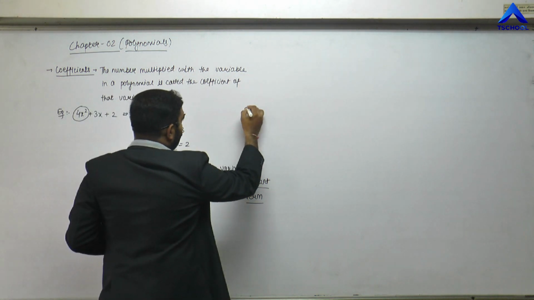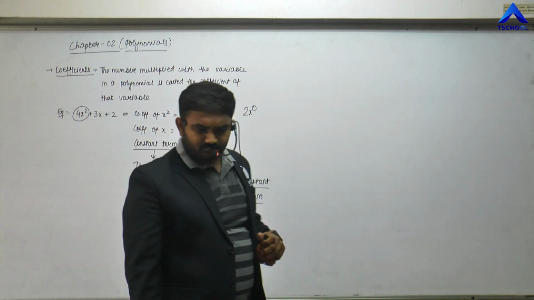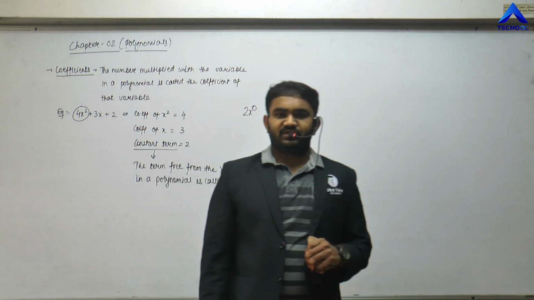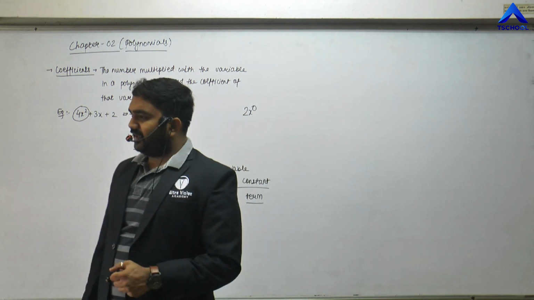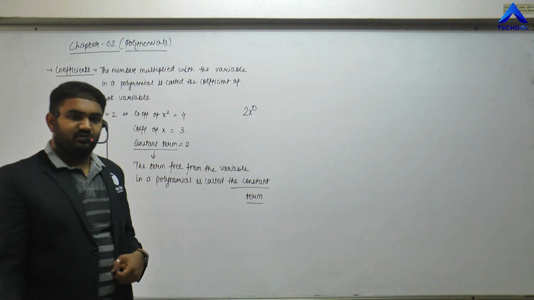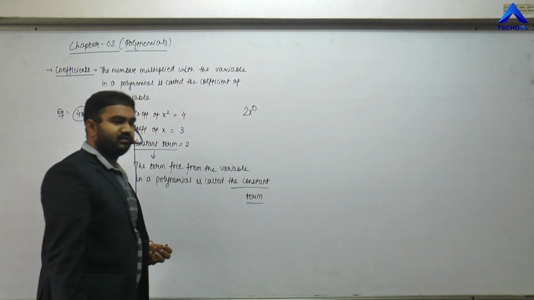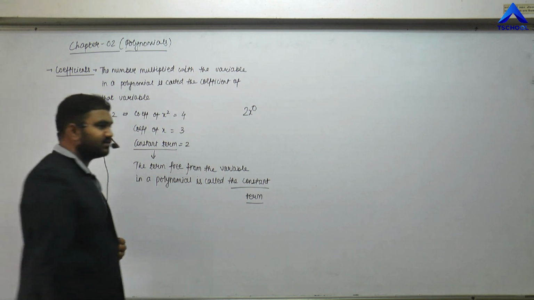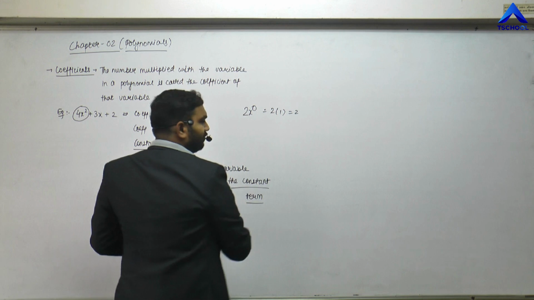So this 2 can be written as 2 times x raised to 0. And as we know, any number having its exponent or power as 0 is equal to 1. So that is 2 into 1, which is equal to 2.